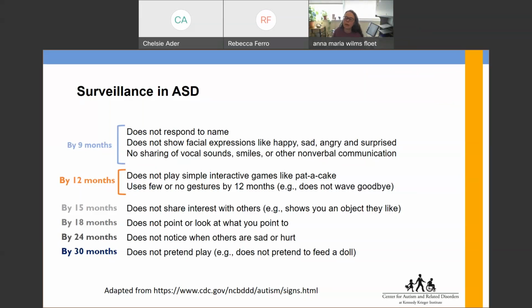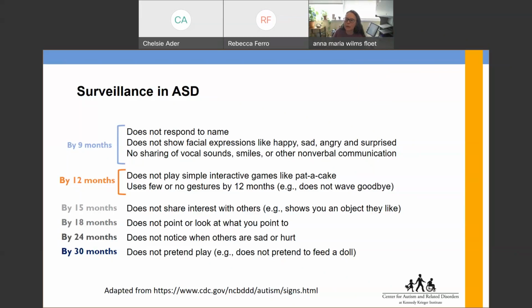Children with autism may have more difficulty showing facial expressions. Again, I call it the mini mental status exam in young children. We think of mental status exam often in older children, but we really can look in young children as well for nonverbal communication that involves facial expression.